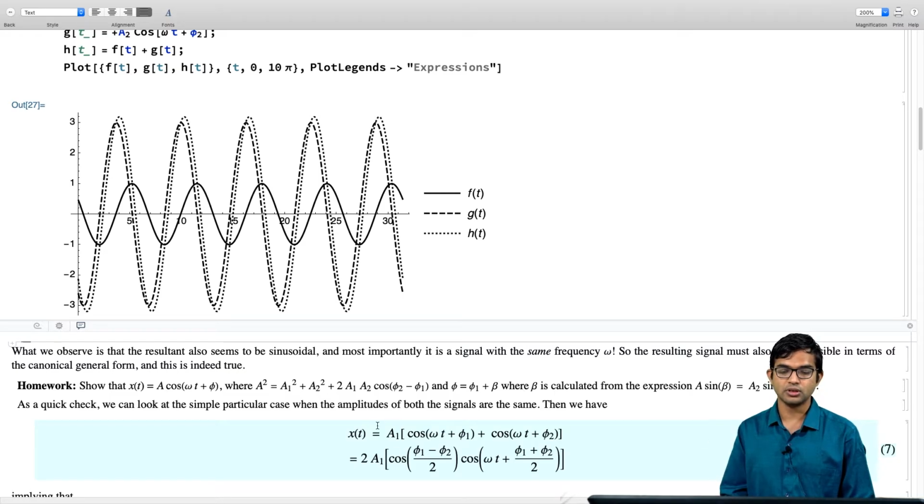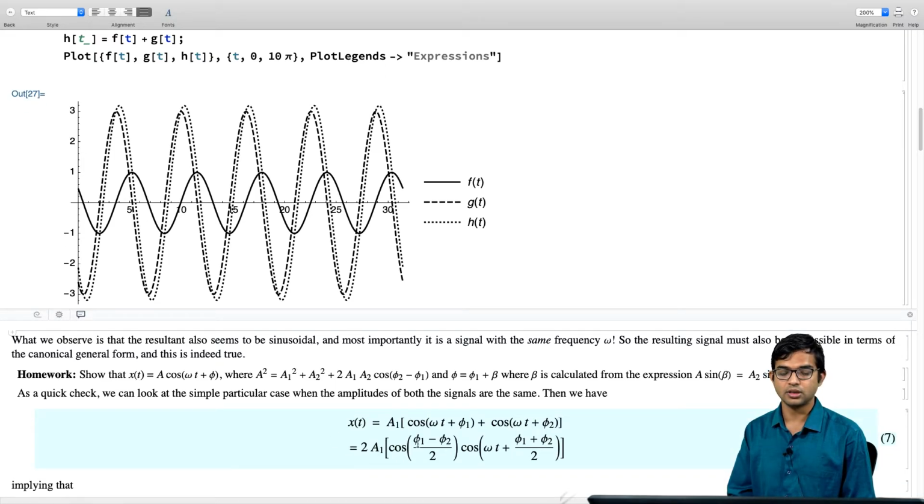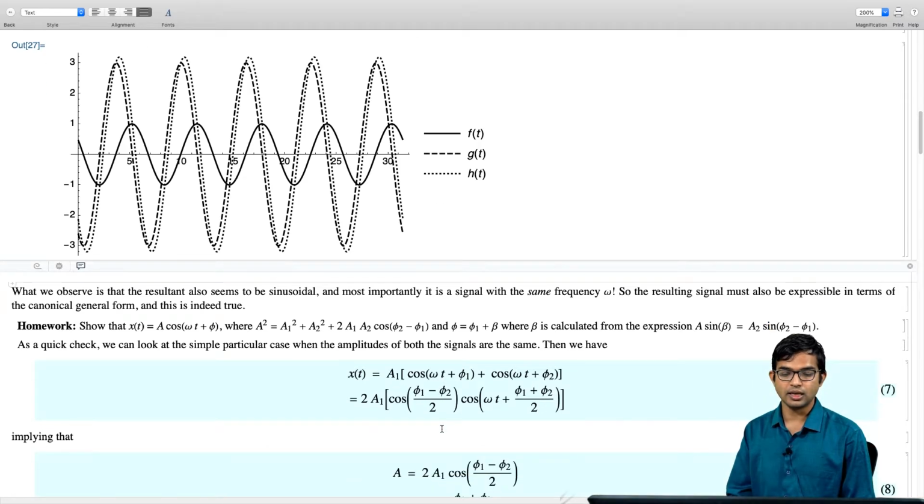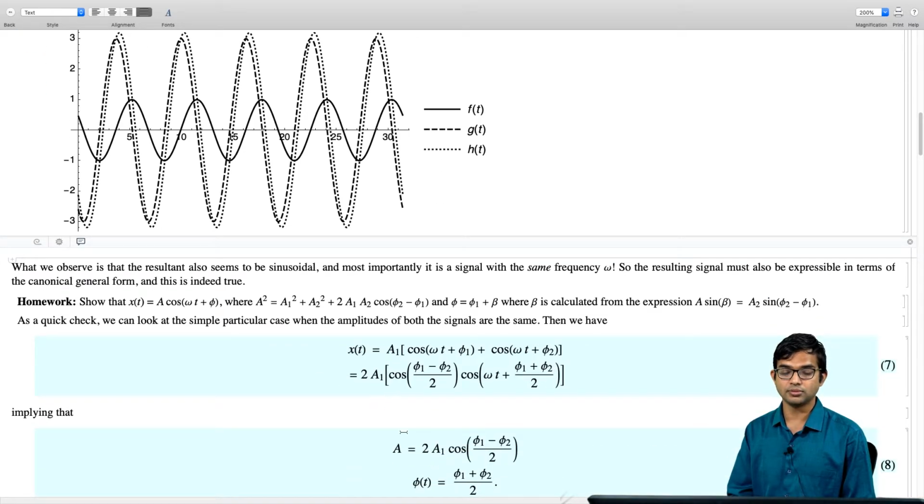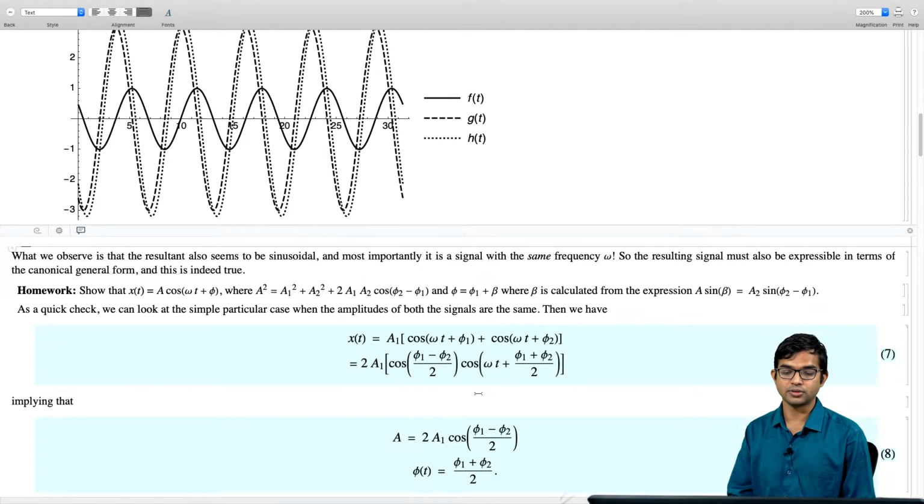Then of course you can write x of t as a common a1 outside, times cosine of the first argument plus cosine of the second argument, and with some basic trigonometric identities we can rewrite it as 2a1 times cosine of (phi1 minus phi2) by 2, times cosine of omega t plus (phi1 plus phi2) by 2. So a is nothing but 2a1 times cosine of (phi1 minus phi2) by 2, and phi is the mean of the phases of the two signals.